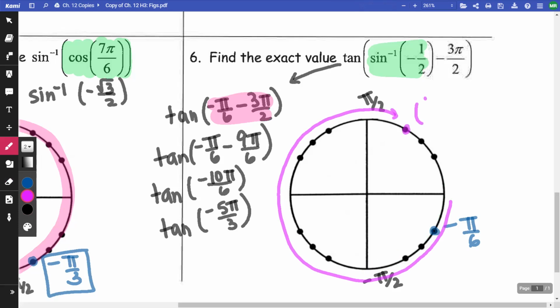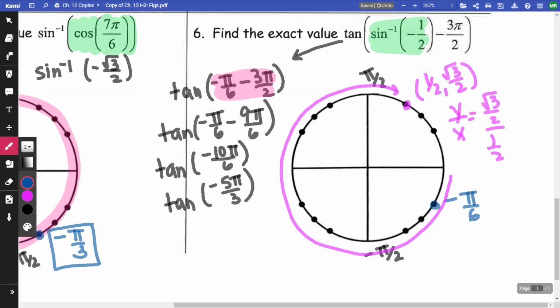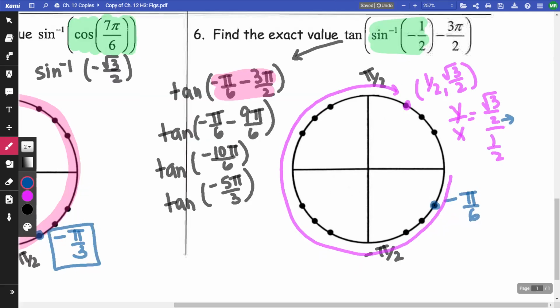This point is going to be 1 half comma root 3 halves. Now the tangent there is y over x. So I'm going to have root 3 halves over 1 half, which I am going to clean up. I'm going to think of this as root 3 halves times the reciprocal, which is 2 over 1. And that cleans up to root 3. And that is my final answer. And that's the end of this video.